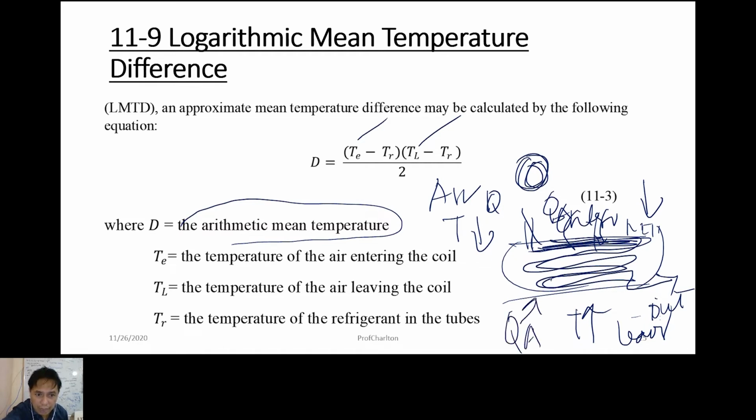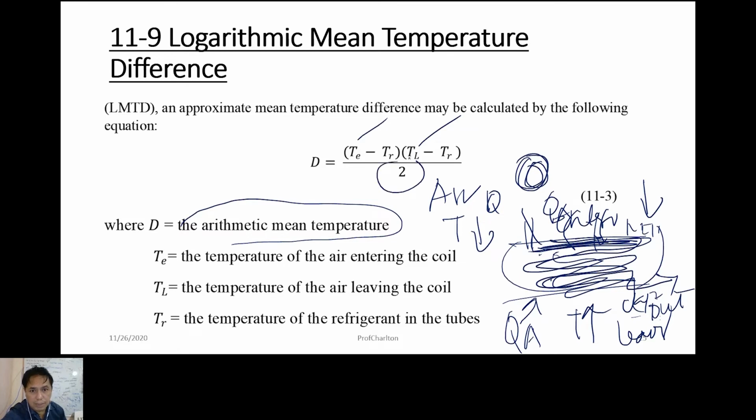The heat from the air is absorbed through the tubes, and the refrigerant liquid becomes vapor. That's why it is an evaporator. So the temperature of the air leaving the coil, the temperature of the refrigerant in the tube. There is outside air that comes in contact with the tube, and inside the tube is the refrigerant. So you can see the temperature difference there, and then mean, because it is average.